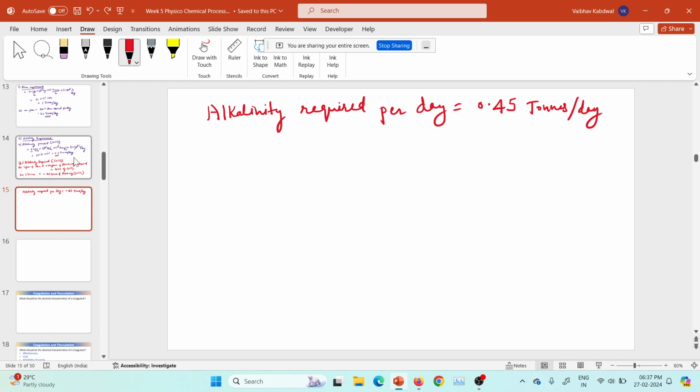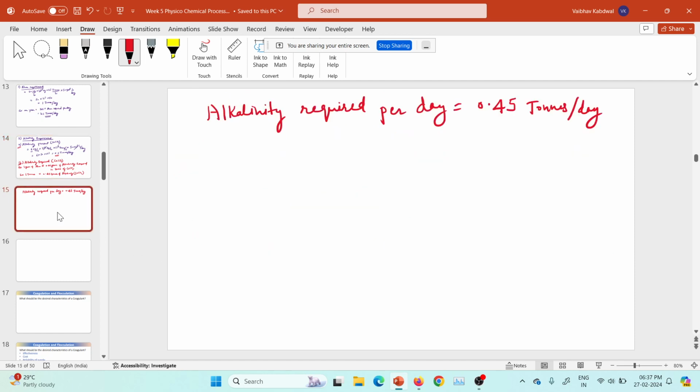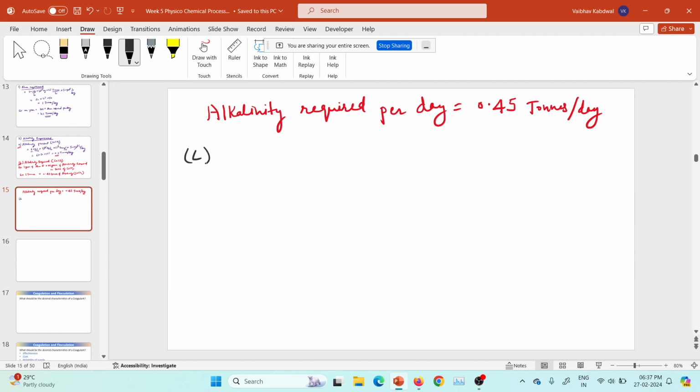So now what are we doing? A is how much is present, B is how much alkalinity is required. Now C will be alkalinity to be supplied.